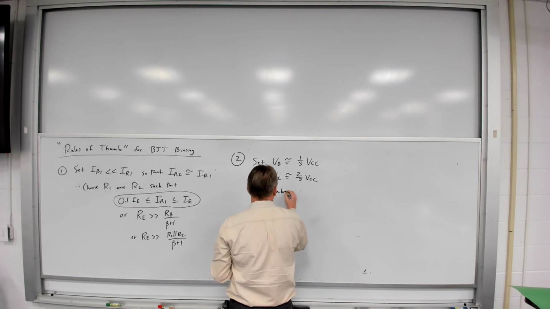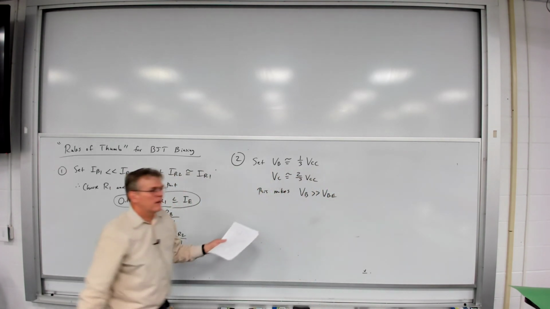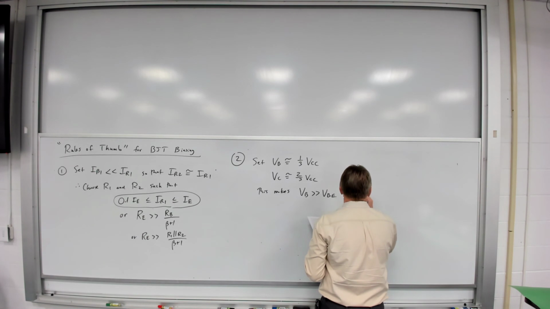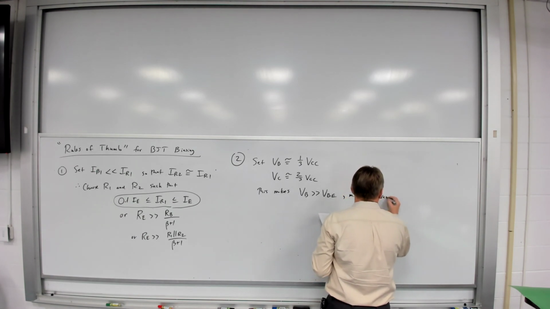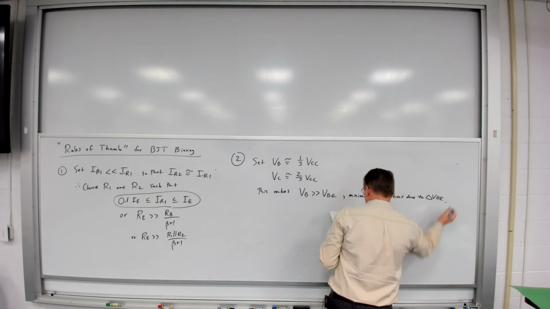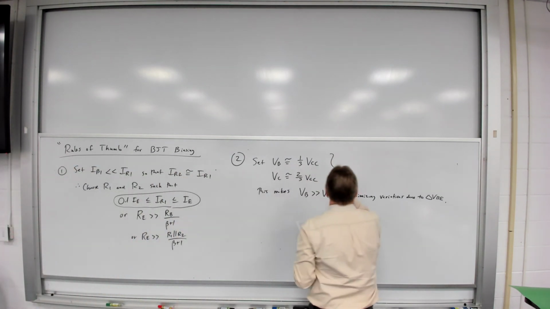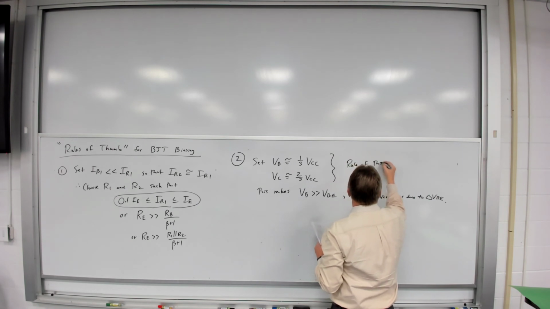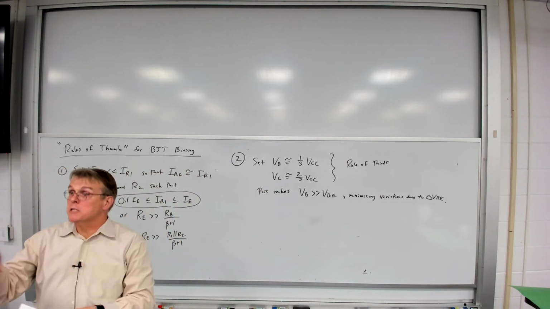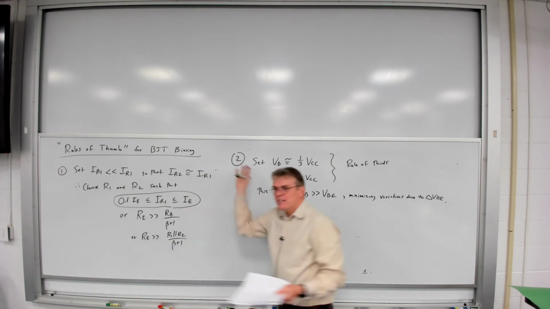And this makes VB much, much greater than VBE, which minimizes variations due to changes in delta VBE. It's called the rule of thirds. So the idea behind this is it gives you a reasonable compromise in stable bias versus reasonable output dynamic range. So if we were going to do this rule of thirds and we were going to apply this, let's redesign our circuit.